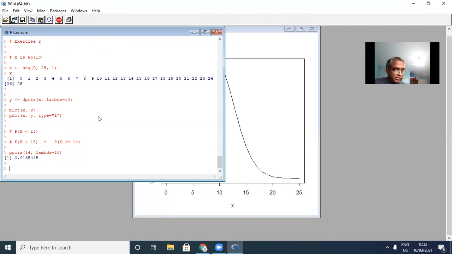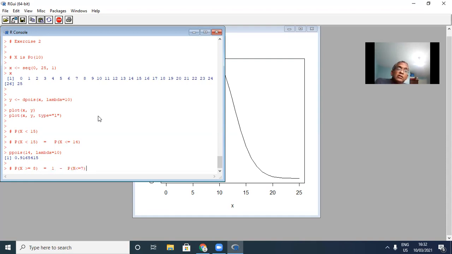So that's the probability. Next, we want to find the probability that X is greater than or equal to 8, which you can write as 1 minus the probability that X is less than or equal to 7.